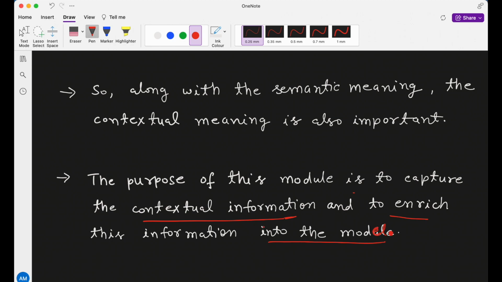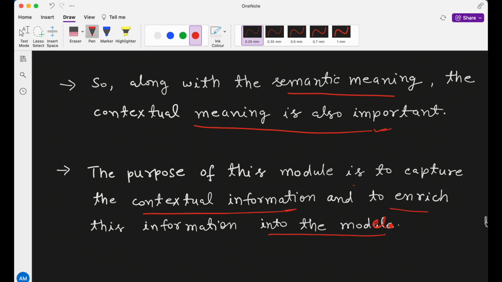That's why we can say that along with the dictionary meaning, the contextual meaning is also important, and this particular module captures that contextual information. Okay, let's move to the next module now.